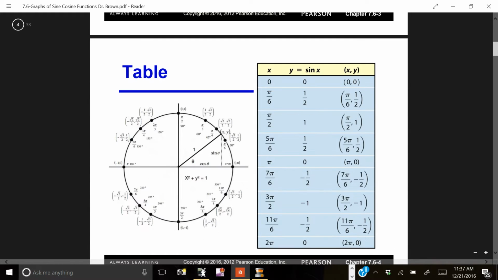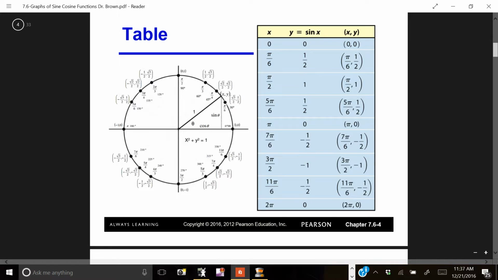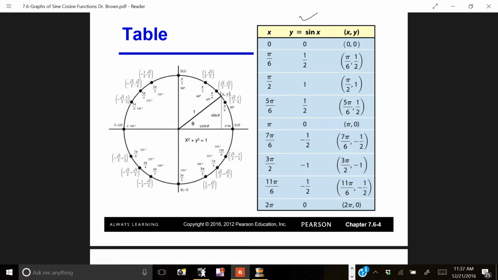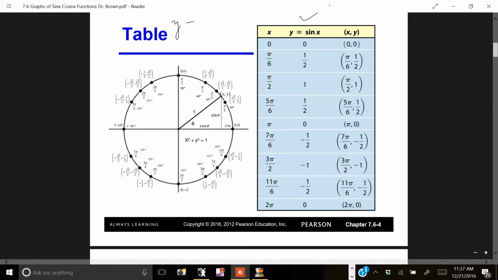So let's go ahead and start by first looking at the graph of y equals sine of x. What I have placed here on the left is a unit circle, and you remember going around the unit circle for the various angles that the y value is equal to sine of x, and the x value on the unit circle is a value of cosine of x.